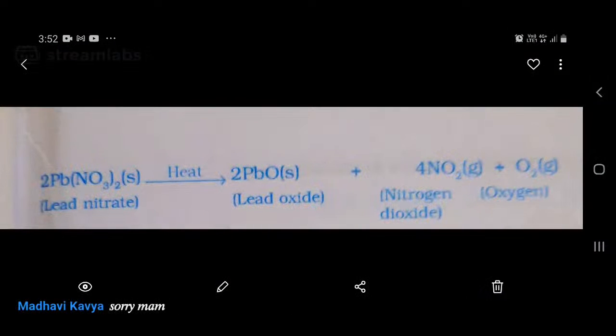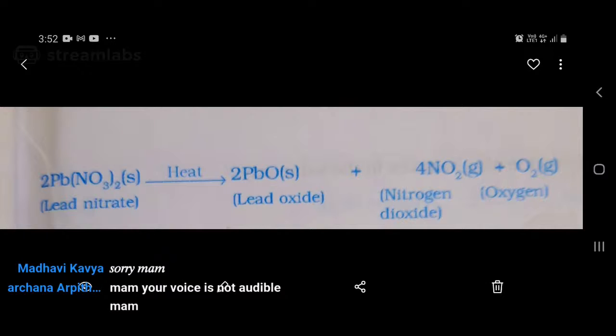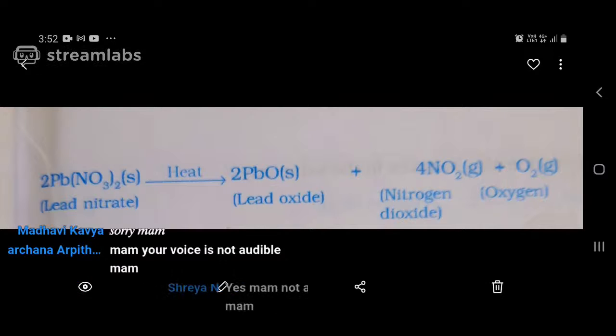Lead nitrate, on heating, converts into lead oxide, nitrogen dioxide and oxygen. This is also an example of thermal decomposition.